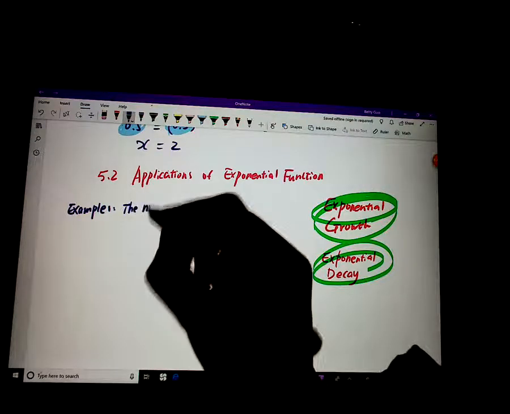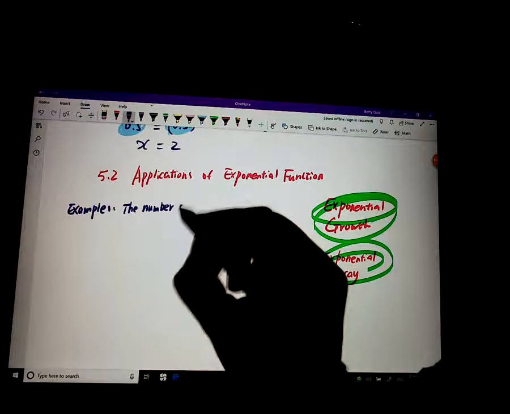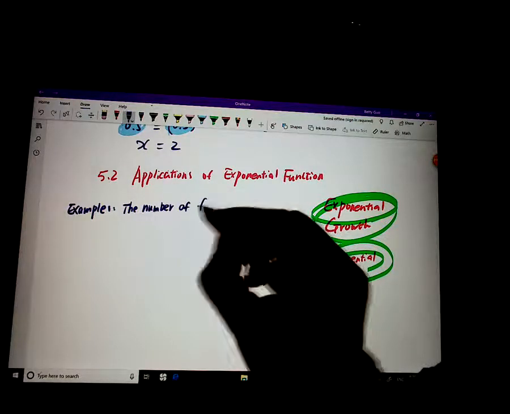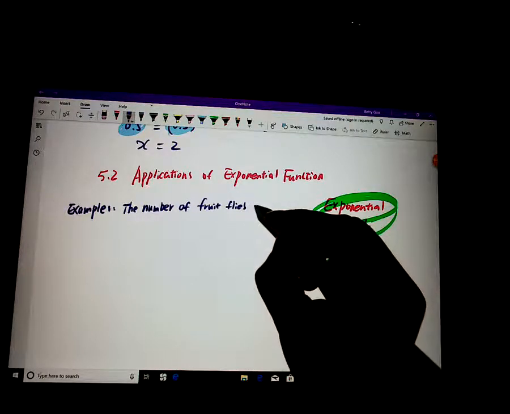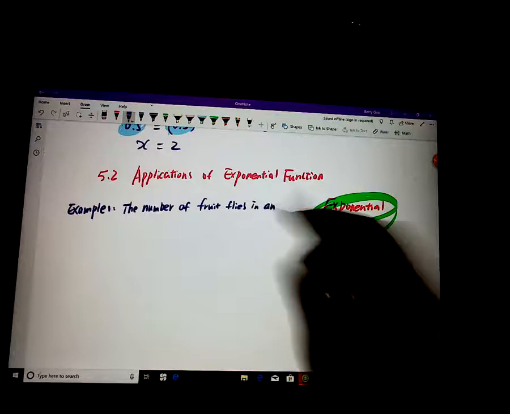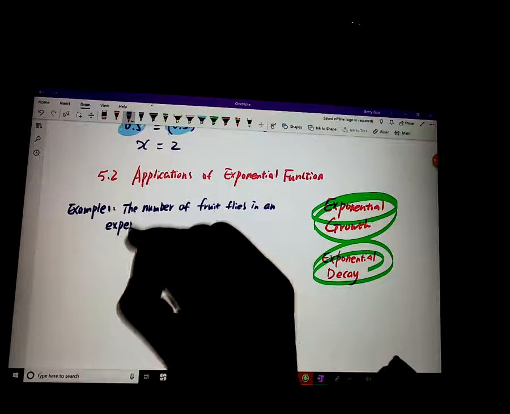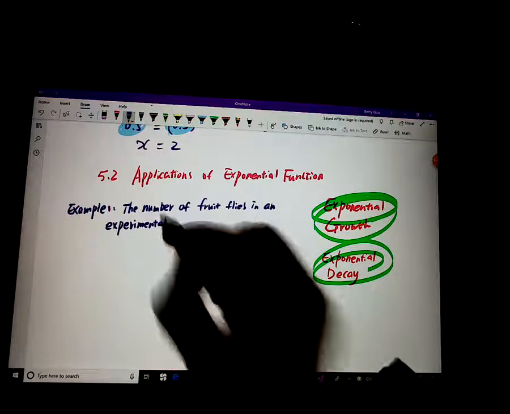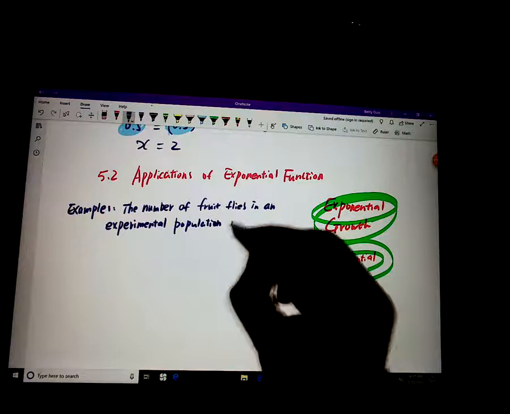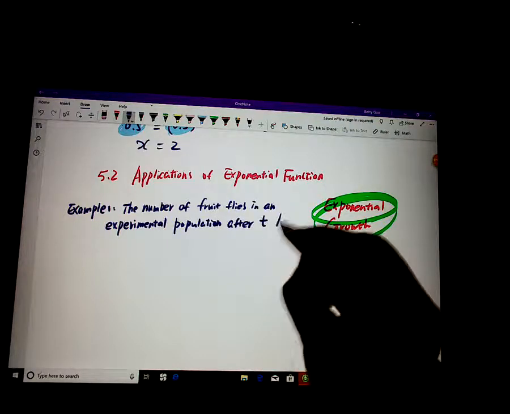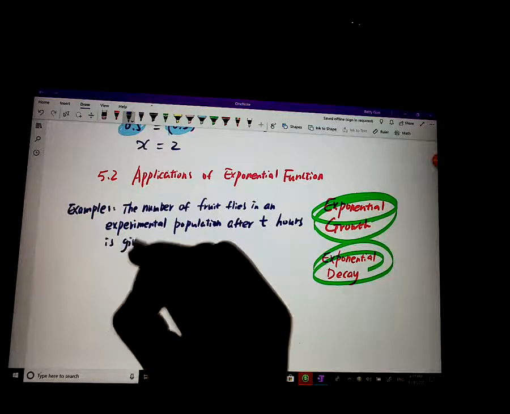The number of fruit flies in an experimental population after t hours is given by this function.